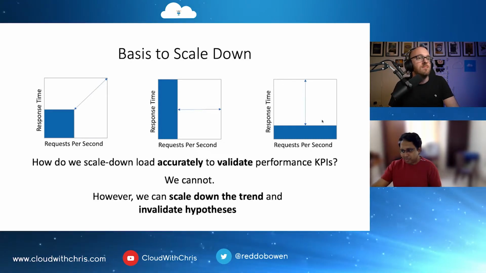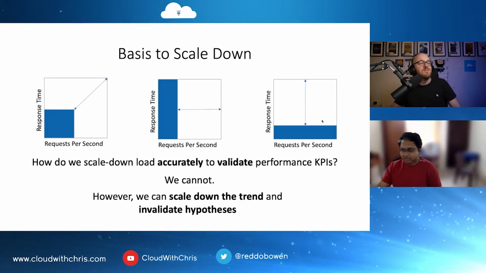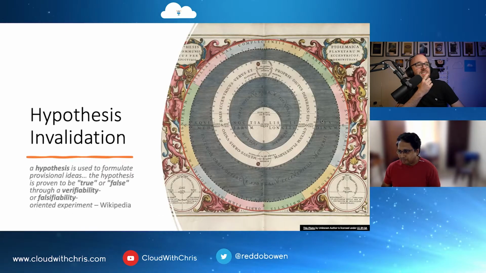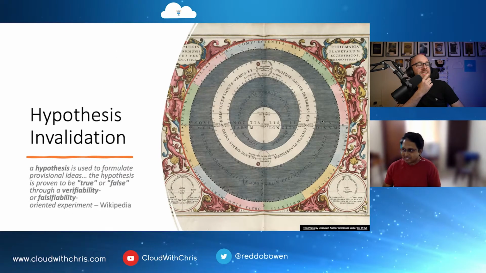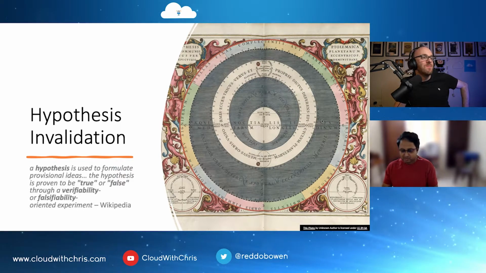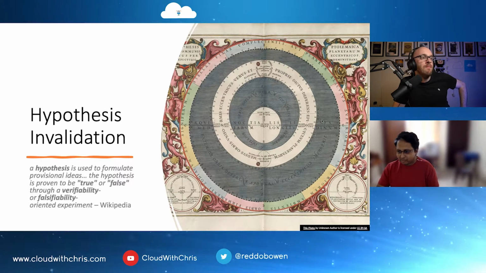So I threw in some jargon there. Let me quickly clarify what I mean by invalidating the hypothesis before going to scaling down the trend. So what would be a hypothesis? It's very much something that we are all familiar with from our school days. The statements we make could be true, could be false, and that's the whole power of it, right?